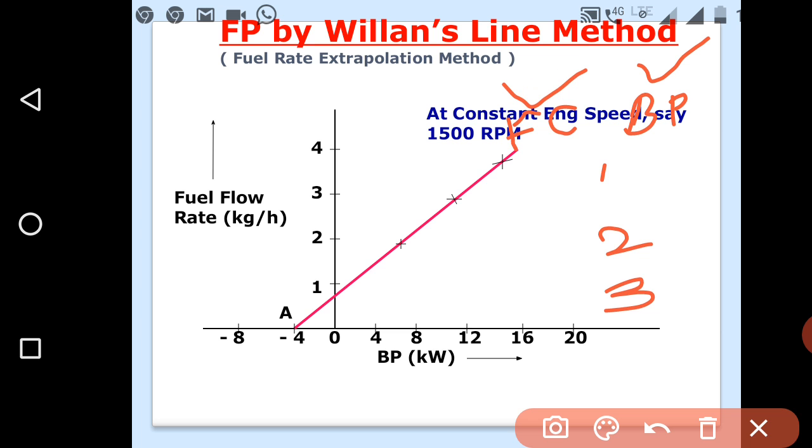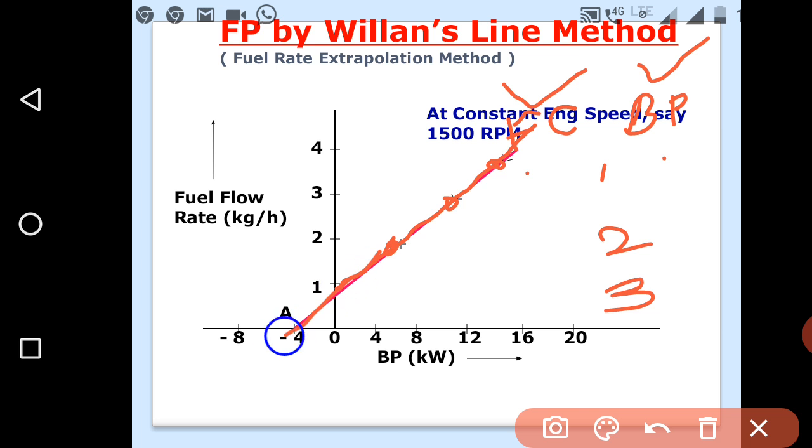We use these different values of brake power and fuel consumption and plot the graph. On the x-axis we plot the brake power, and on the y-axis we plot the fuel consumption, and with the help of these two values we plot the point for each load condition. Then we plot a line through these points.